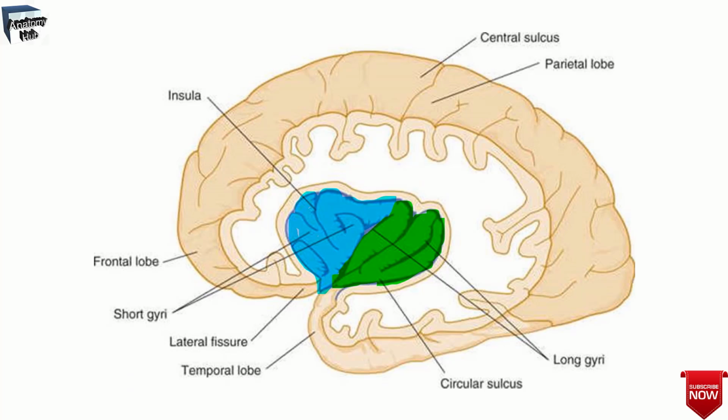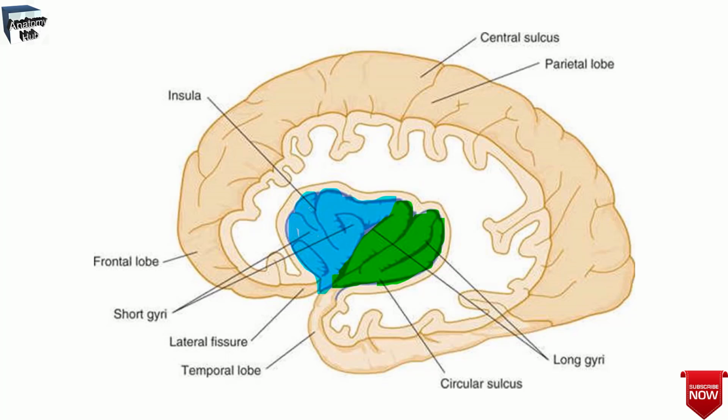Like that, here you'll find the short gyri and the long gyri. So the short and long gyri are found on the lateral surface of the insular lobe, or say the insula. About this insula we have already discussed in our part 1. Please go to this I button and you can watch that.